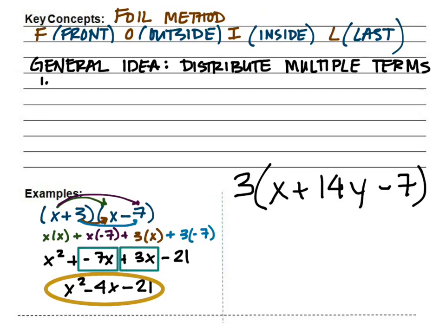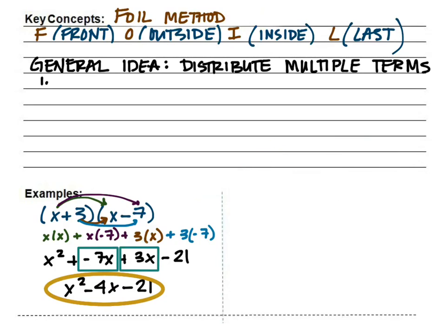And we're familiar with being able to distribute this to all of the terms. So the 3 would go here to the x and be also multiplied by the 14y and also be multiplied by the negative 7. We've done that. That's part of our distributive property that we've previously done in Unit 2.